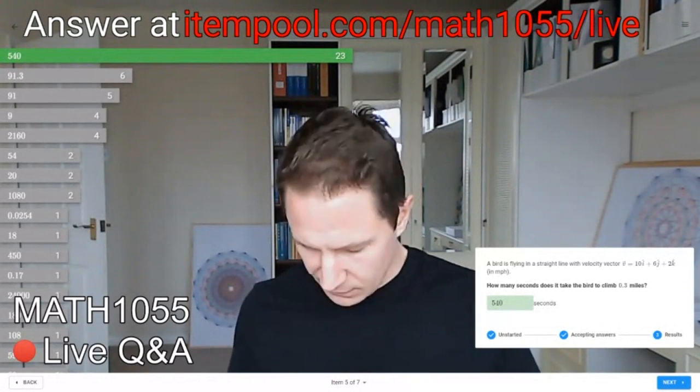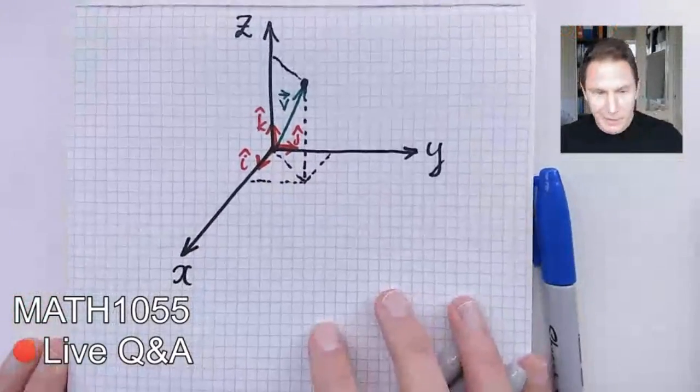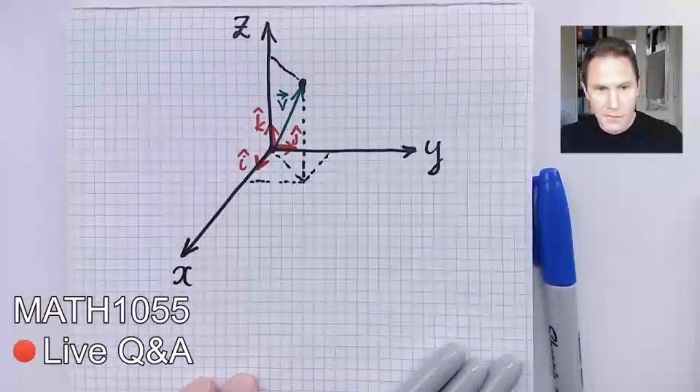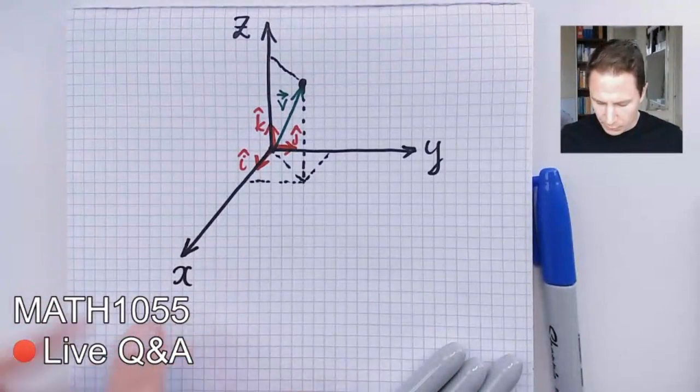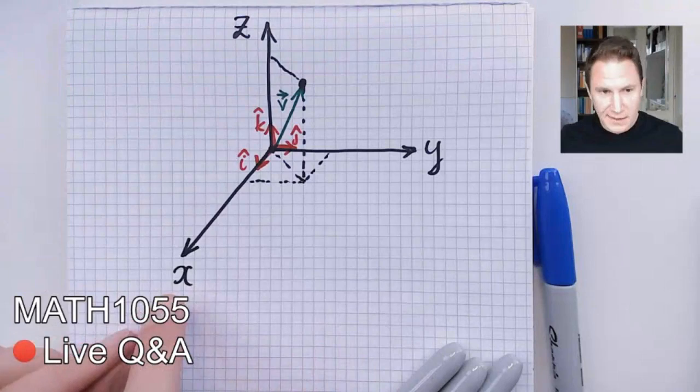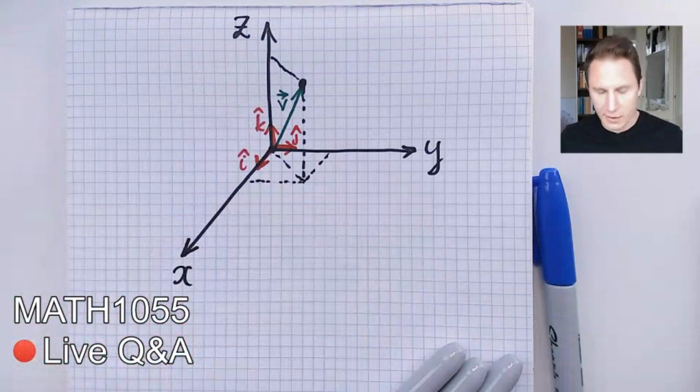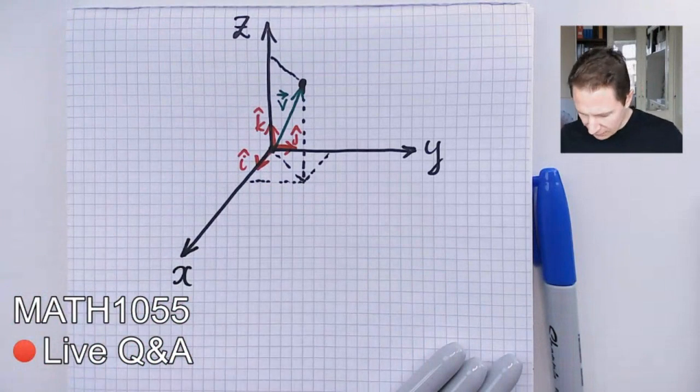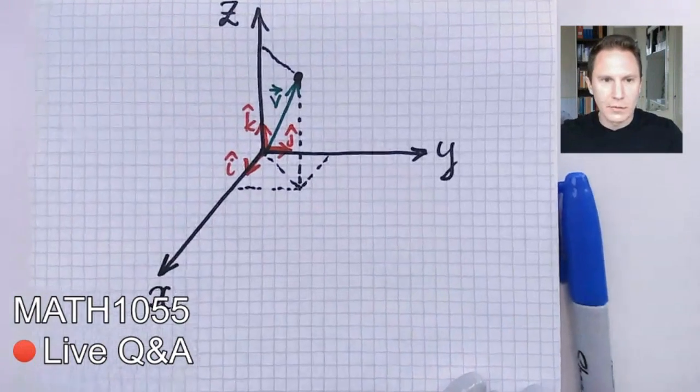So yes, the correct answer was 540 seconds. And let me quickly explain why that's the case. So here is my badly drawn coordinate system. We are working in three-dimensional space. X, Y, and Z are our coordinate axes, and we have this velocity vector v.